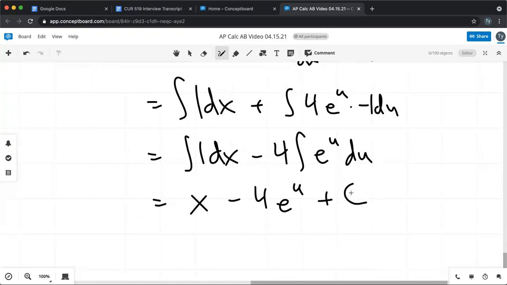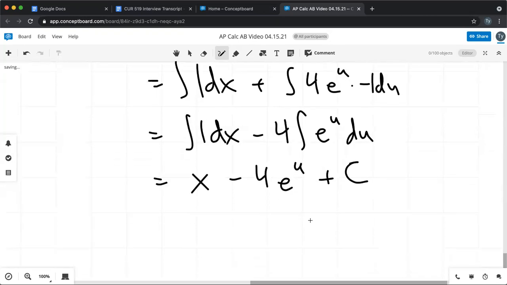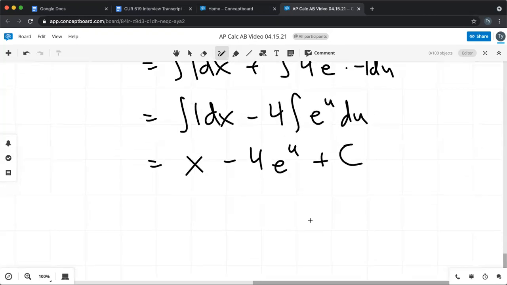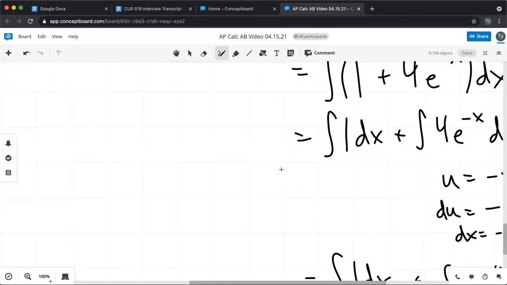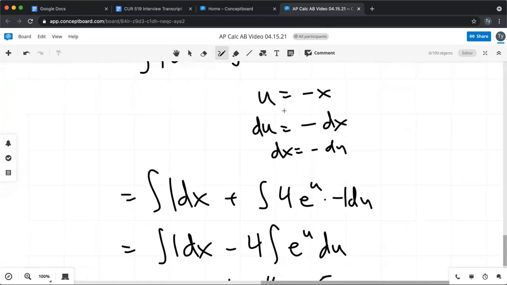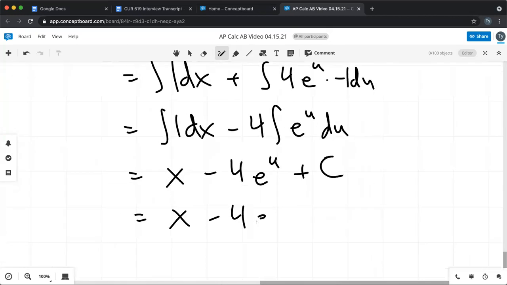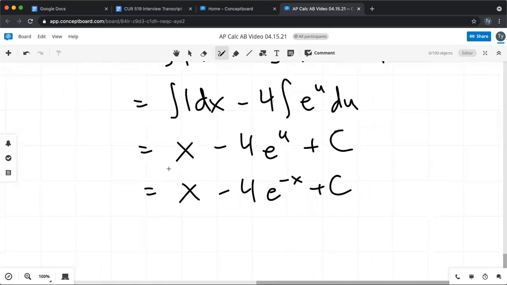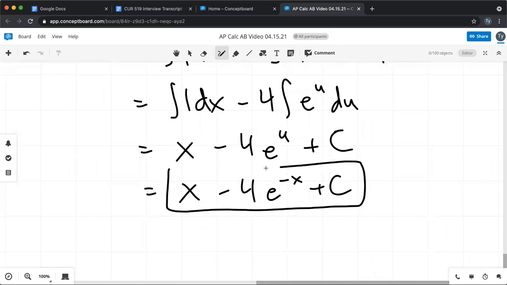And of course, we have our plus c because these are indefinite integrals. Okay, at this point, all we have to do is plug back in for u. And we said that u is negative x. We only have x's, we are good.